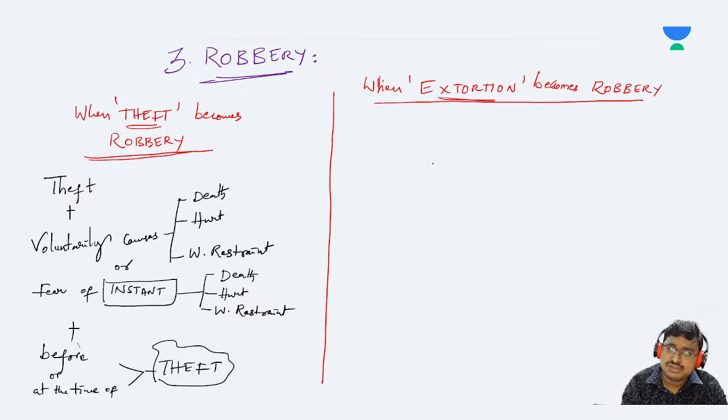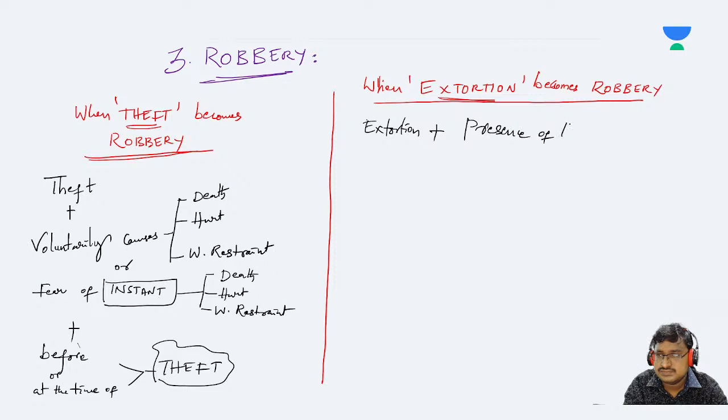Now, coming to the extortion. When the extortion becomes robbery, there must be an extortion, okay, in the presence of the offender, this is the presence of the offender, okay.